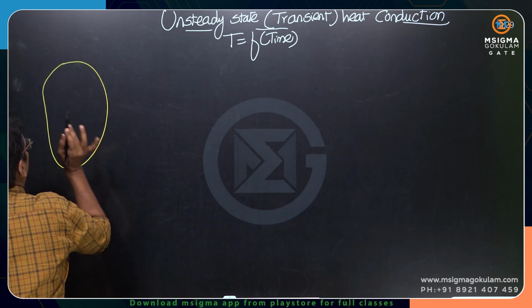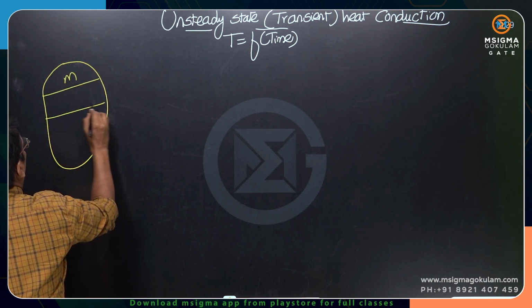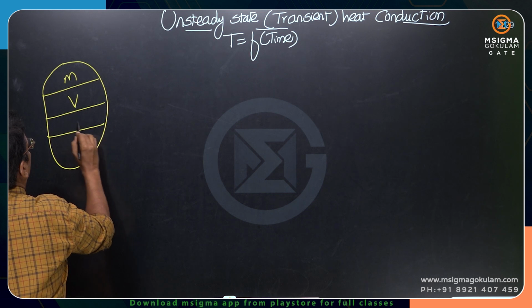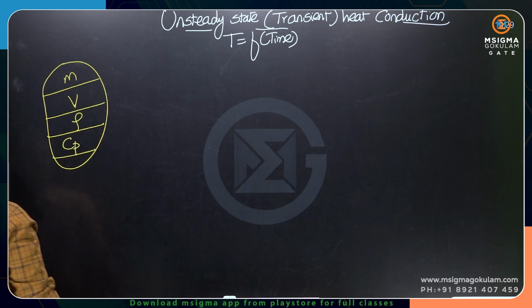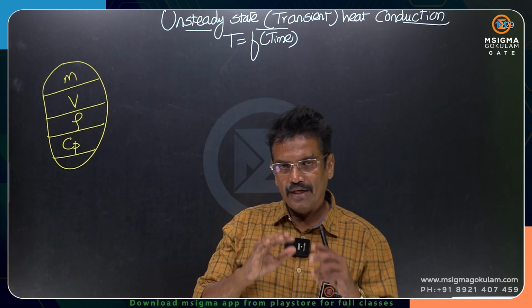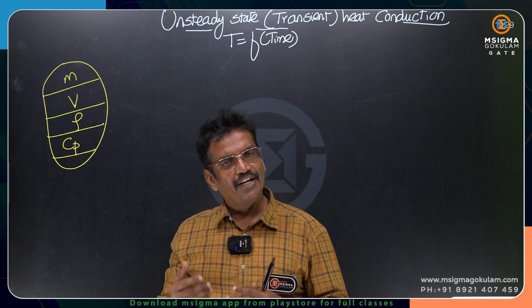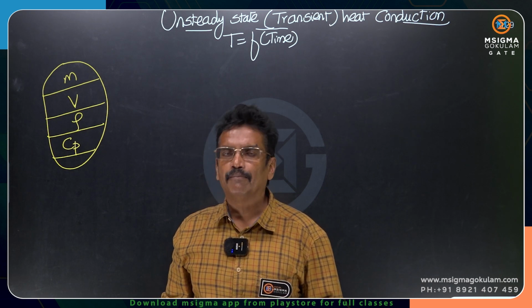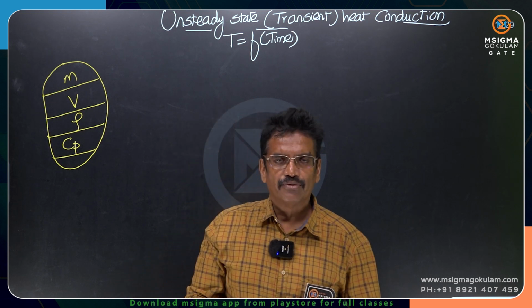Suppose that I have taken a body of mass m, volume v, density rho, specific heat Cp, a finite sized metallic body, placed inside some metallurgical furnace.